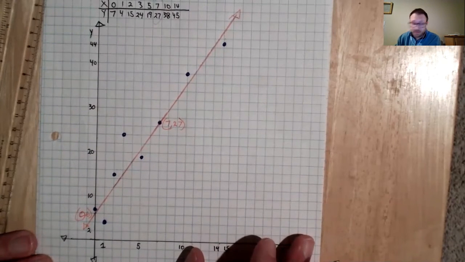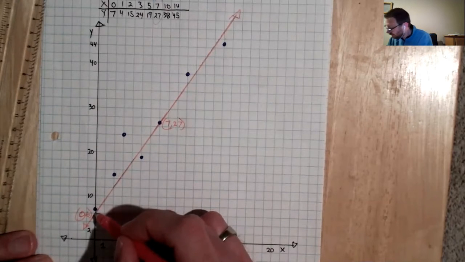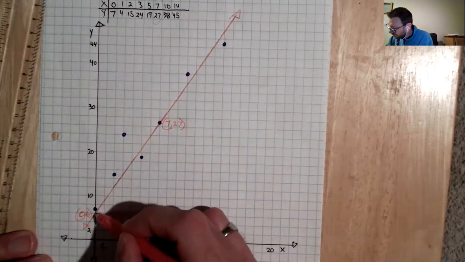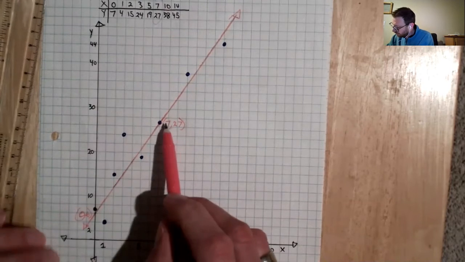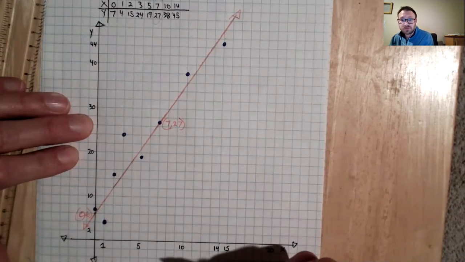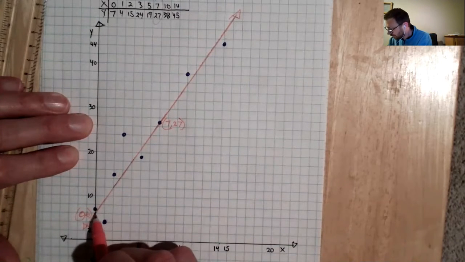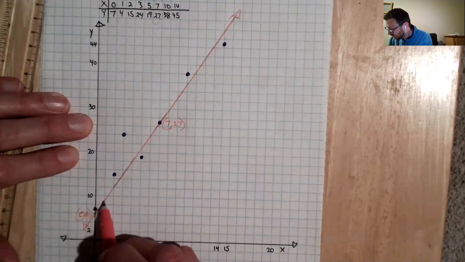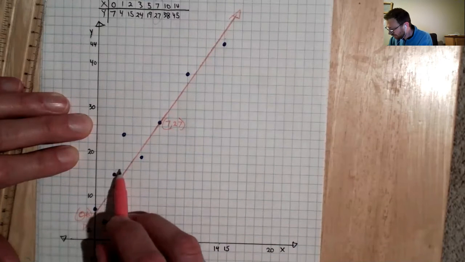So I'm going up, let's see, what did I say? 21. I'm going up 21 and over 7. Oh my goodness, 21 over 7. Isn't that 3? Going up 3 over 1. Yeah, 3 over 1.